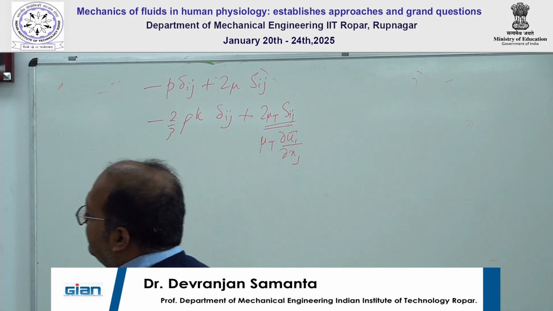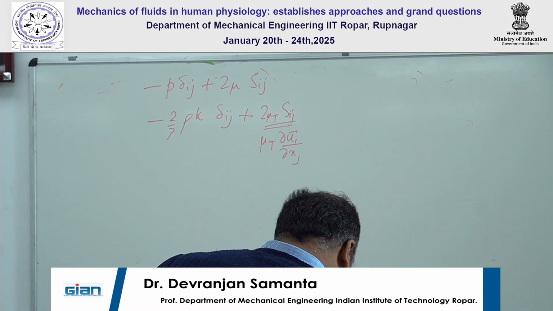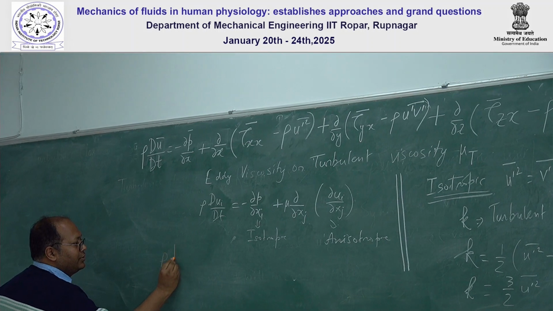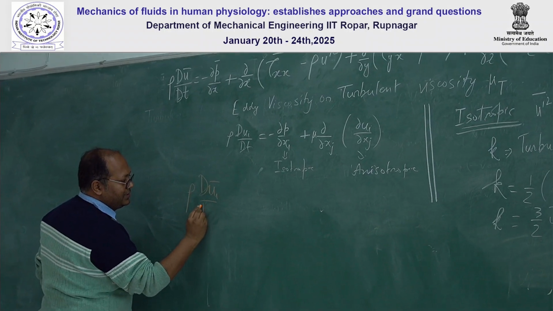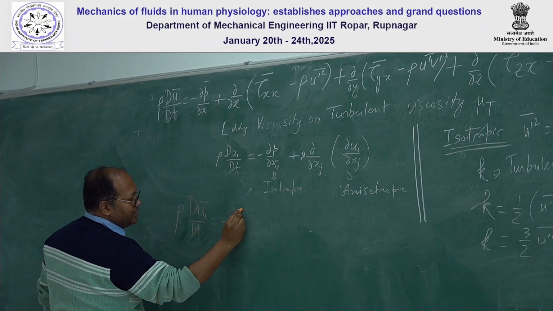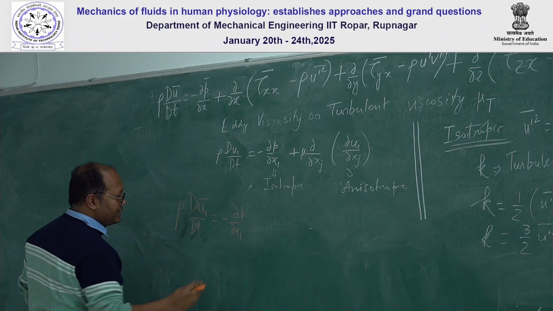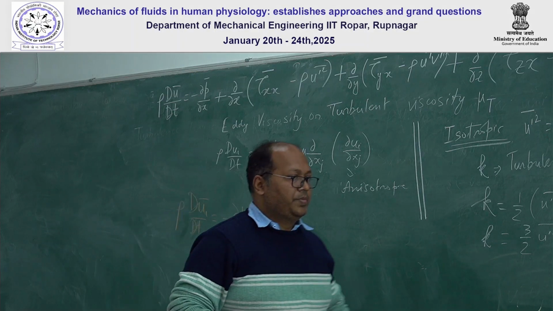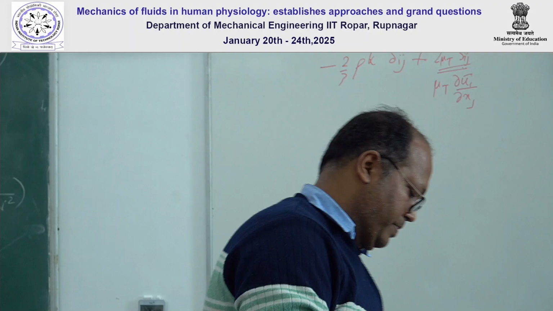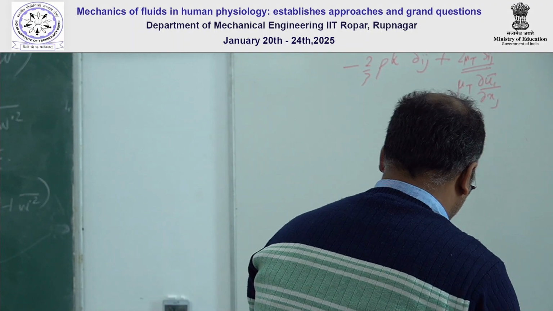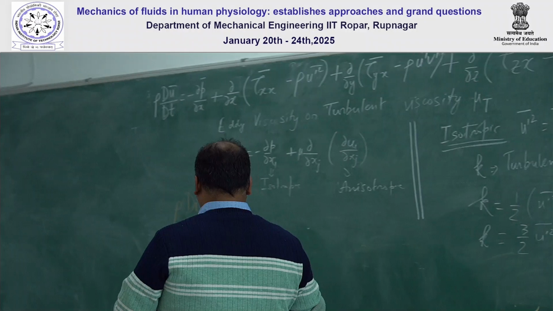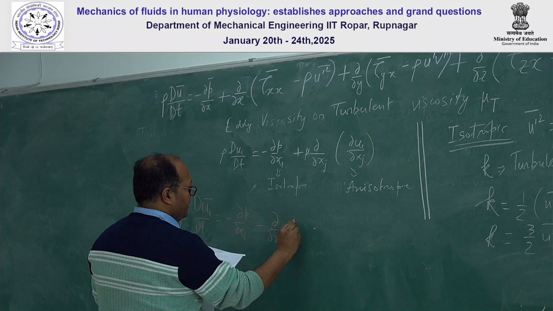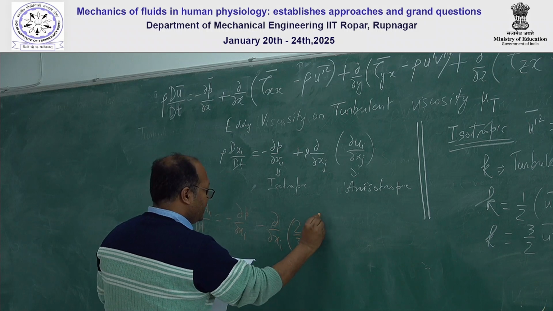So essentially we are keeping here, let's just write first the mean component: rho d u bar dt equal to minus del p del xi, minus del xi 2 by 3 rho k.